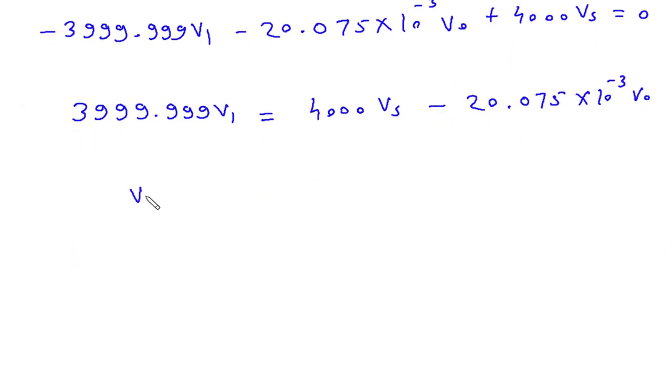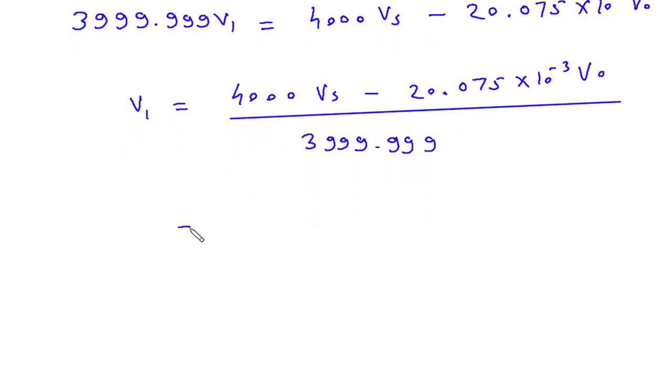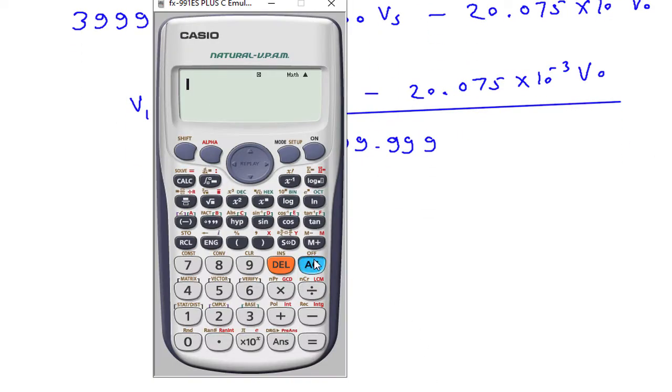So from this V1 will be equal to 4000 VS minus 20.075 into 10 to the power minus 3 VO divided by 3999.999. Now this will be 4000 divided by 3999.999, so this will be 1.